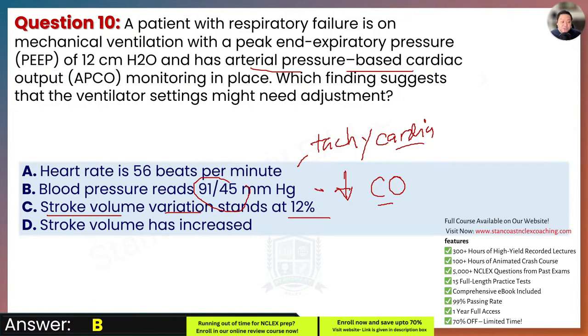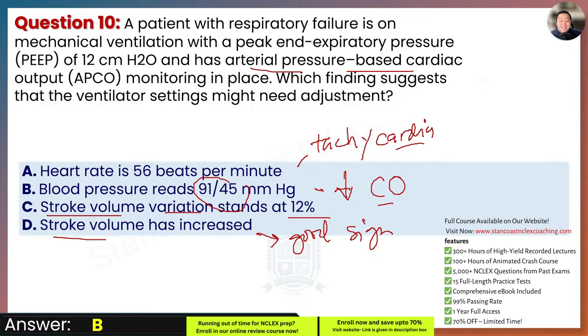Now, what about letter D? Stroke volume has increased. Well, the clue is just the phrase itself. An increase in stroke volume reflects improved cardiac output and better cardiac performance. Okay? This is a good sign.